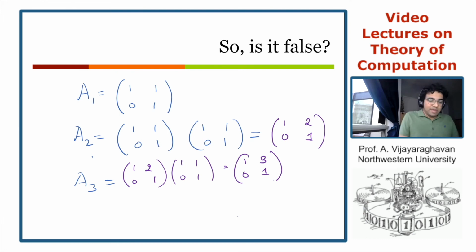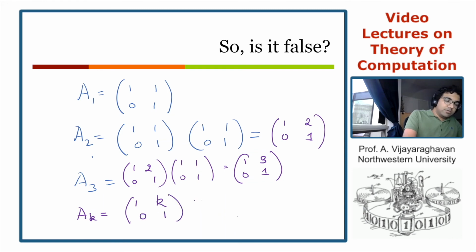So maybe we can show that A^k is really of the form 1, k, 0, 1. And in fact, if you work it out for 4, and so on, you'll see that it is actually true. So maybe this is something that we can try to prove, and maybe we can prove it using induction.